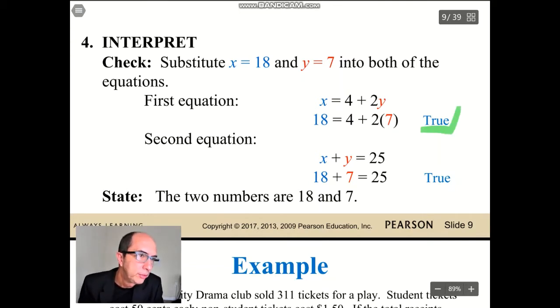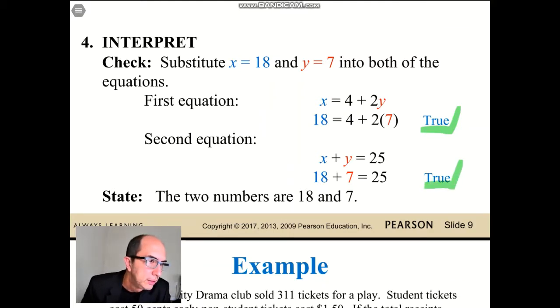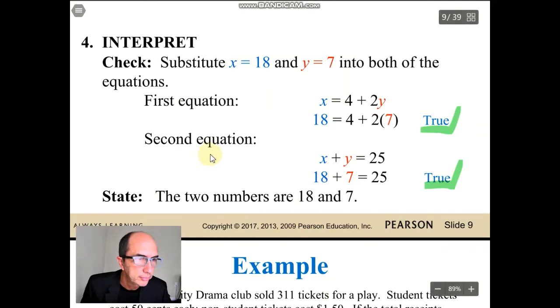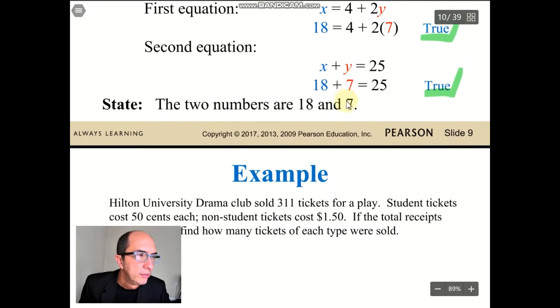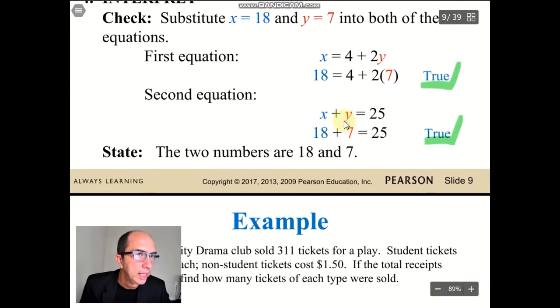And if we substitute x equals 18 and y equals 7 in the second equation, same thing, true statement. That means the two numbers are the solution for the system of equations. And we finish this example here.